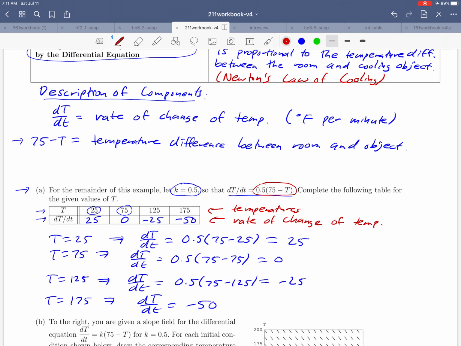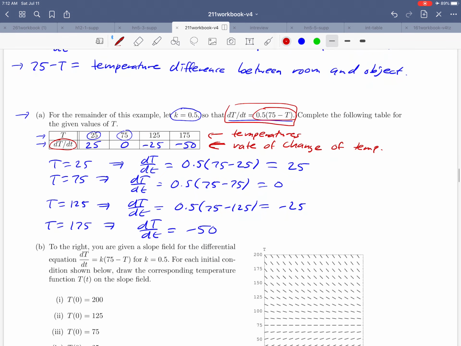When we talk about derivatives, what is a graphical way of thinking about a derivative? A derivative is really a slope of a tangent line, and so we can also think of the numbers in the second row of our table down here as being slopes. And what that gives us a way to do is to visually represent this differential equation that we've been talking about, this formula right here, by interpreting those numbers as slopes.